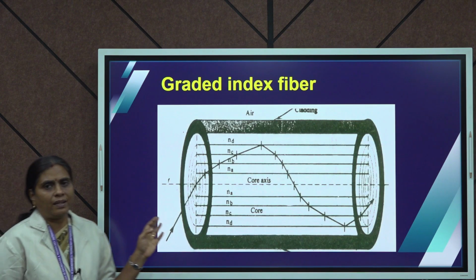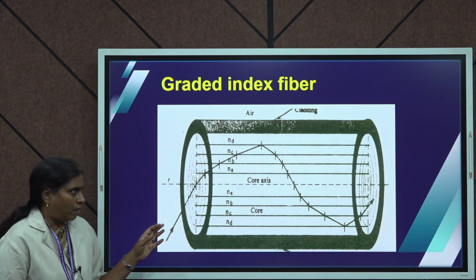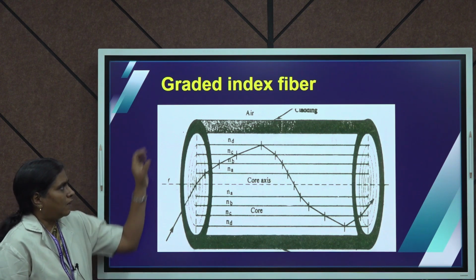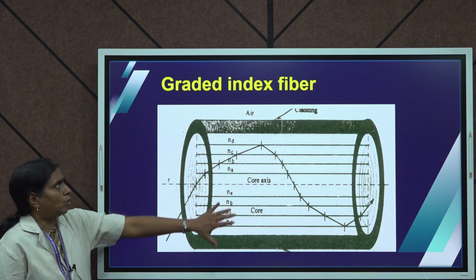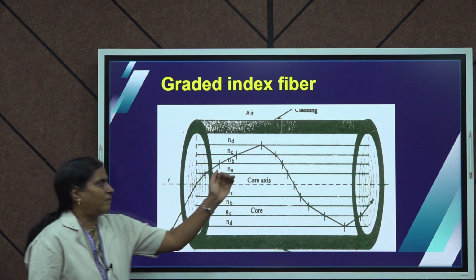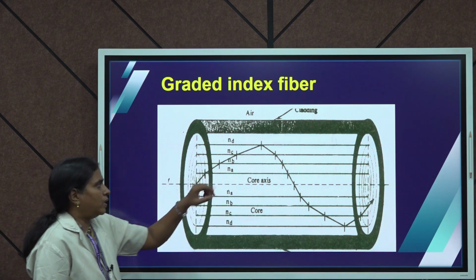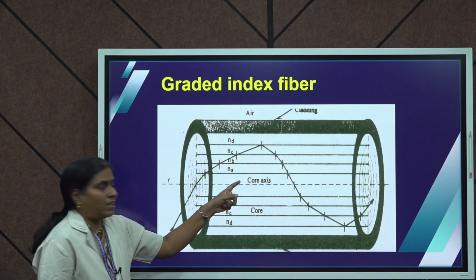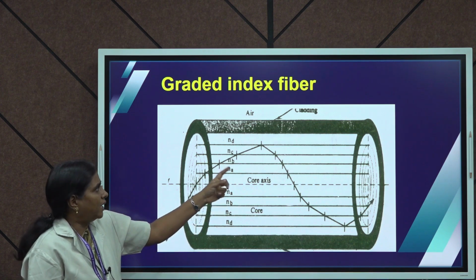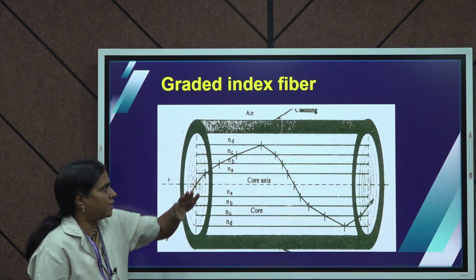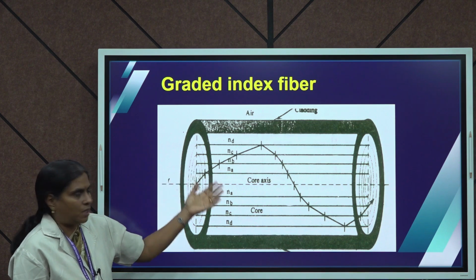And the next category is graded index fiber. Here within the core its refractive index varies layer by layer. Nearer to the core center the refractive index is maximum and as it approaches the cladding surface, its refractive index becomes minimum.